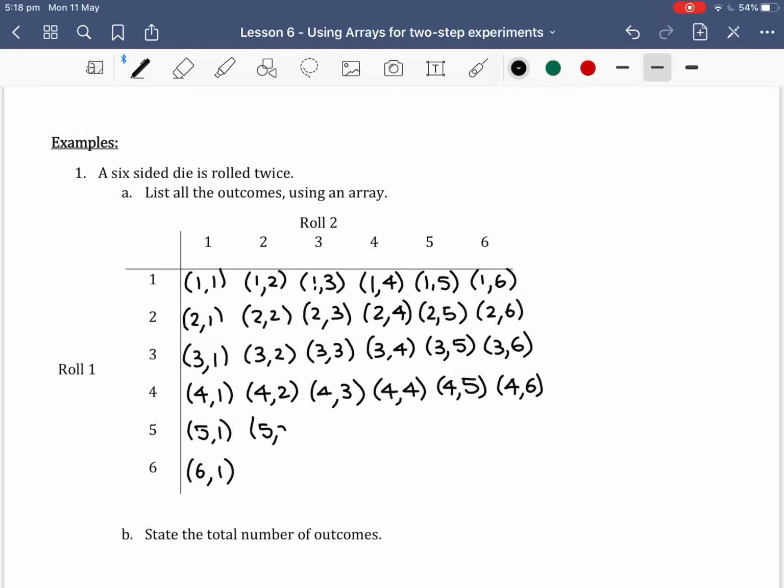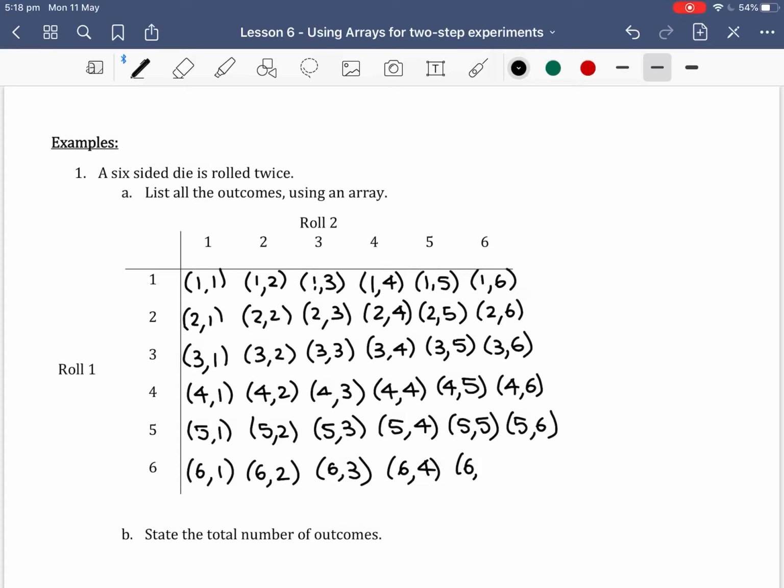We have 5, 2, 5, 3, 5, 4, 5, 5, 5, 6, and finally we have 6, 2, 6, 3, 6, 4, 6, 5, and 6, 6.